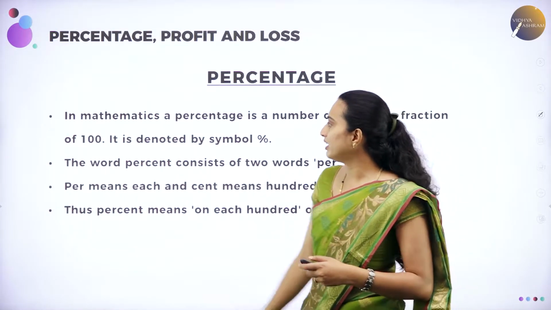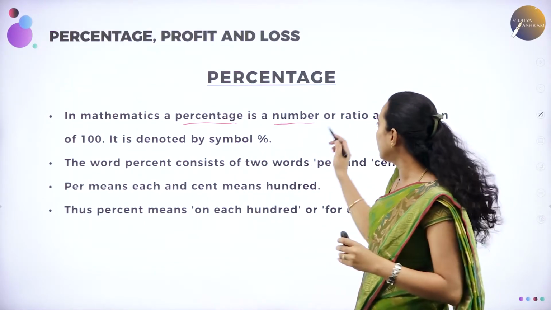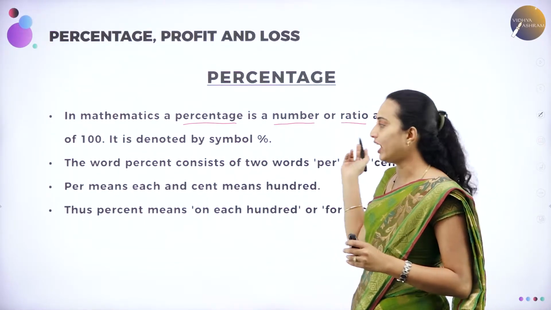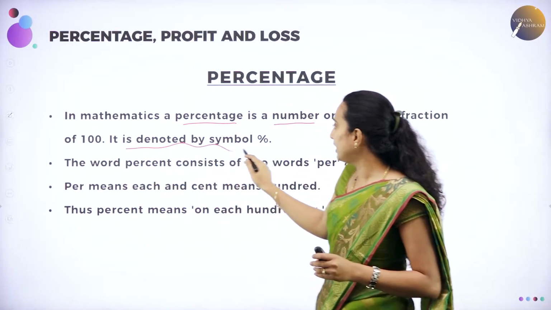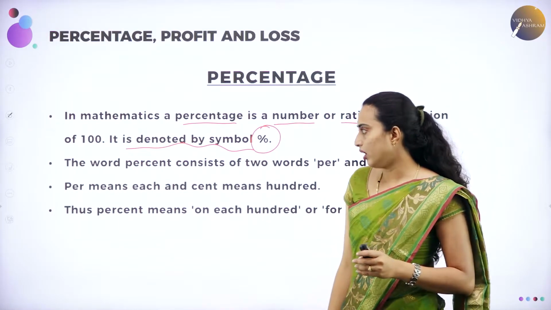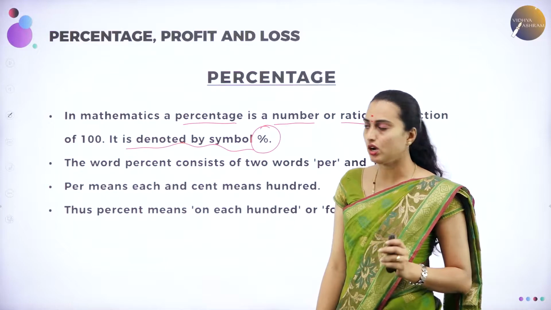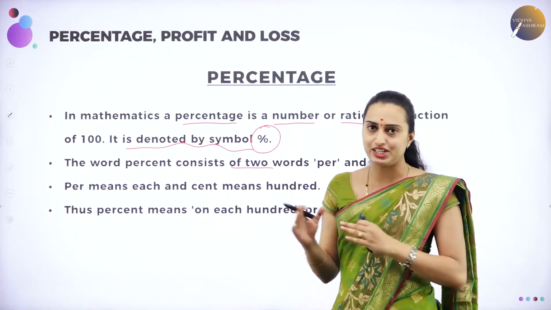In mathematics, a percentage is a number or a ratio expressed as a fraction of 100. It is denoted by the percentage symbol. Are you getting this? Now, the word percent is made of two words: one is per, another one is cent.